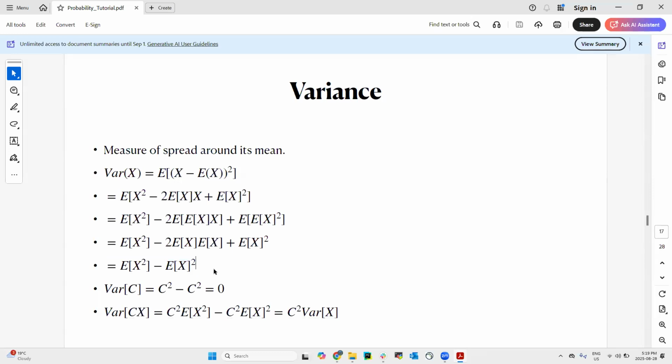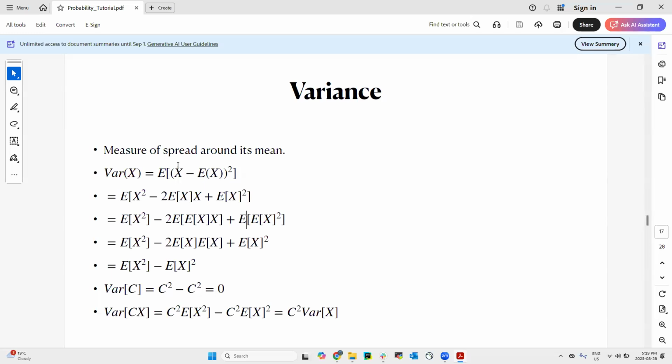As I told you, expected value is a linear operator. We saw in the previous year's exam that some people wrote E[X squared] as E[X], the whole thing squared. It is not. It's a linear operator, but a linear operator cannot do that. So to find a variance, if you remember your basic math courses, this is the way you can do it.